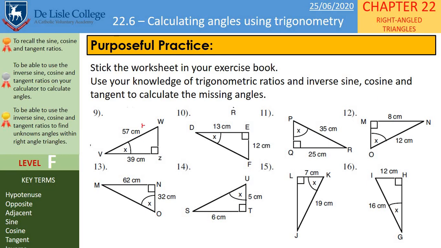So we know we've got the hypotenuse here and the adjacent, so we know it's the cosine problem, so it's the inverse of cosine with our 39 over our 57, and we should get the missing angle as 46.8 degrees.